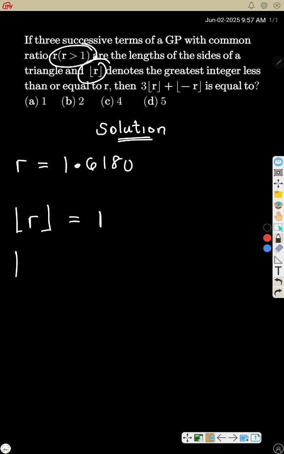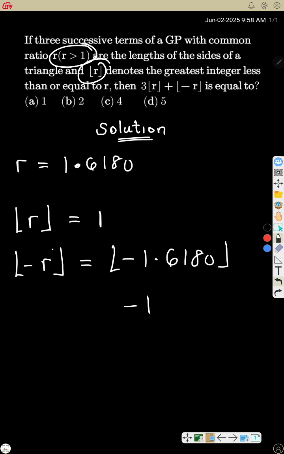Now what is the floor of minus r? Floor of minus r simply means floor of minus 1.6180. So now take note, for minus 1.6, the floor function cannot be minus 1.